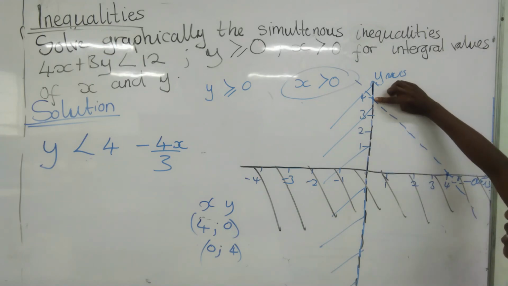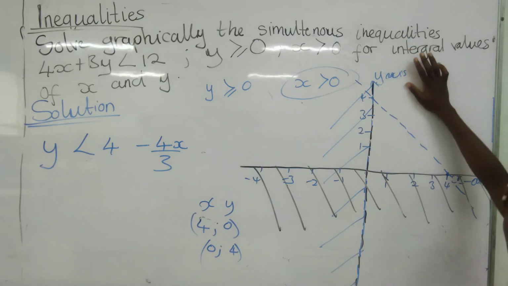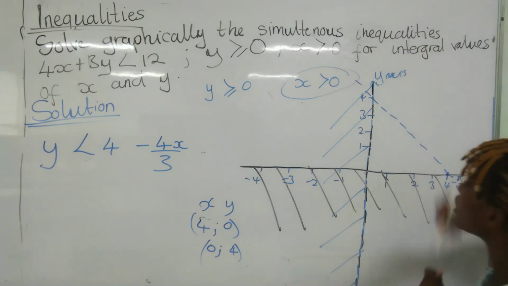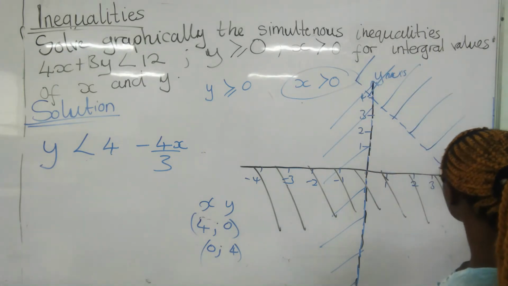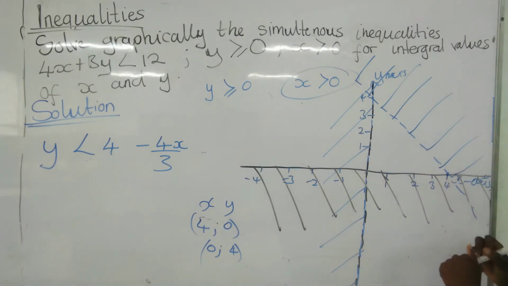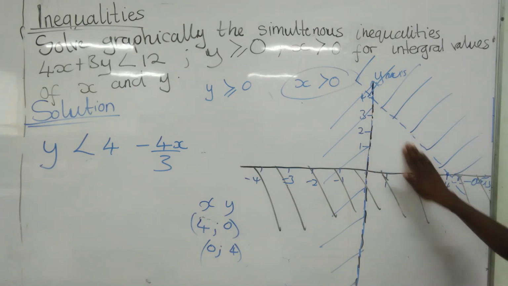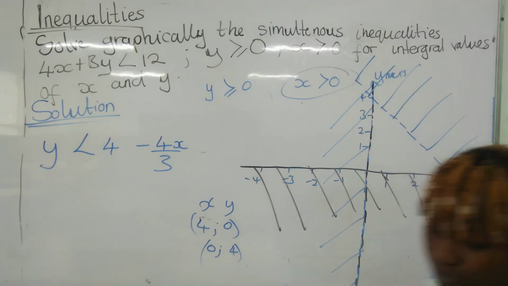For y is greater than, it's going to be 5, 6, 7, 8. So we do not require the greater part, we just require the less than part. This is the part that they do want. Since this is the part they do not want, we remain with this region. This is the region that solves the simultaneous inequalities.